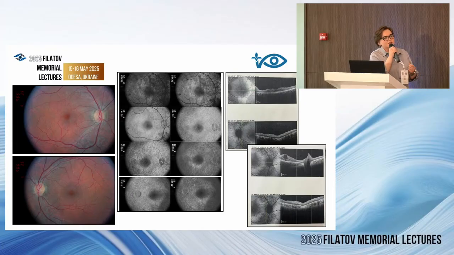And the first two tests, fluorescent angiography and OCT, showed us total lesion of the blood vessels of the eye.